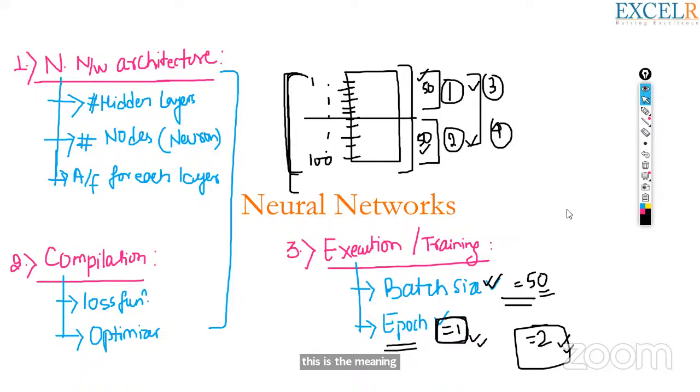Is that clear, guys? The difference between batch size and epoch? Any confusion? Anyone? Great. Okay, so with this information, let me show you how you can design a typical neural network architecture.